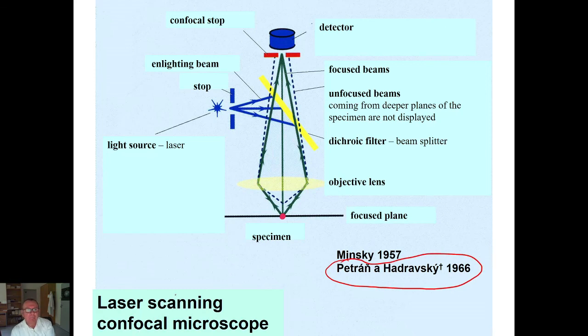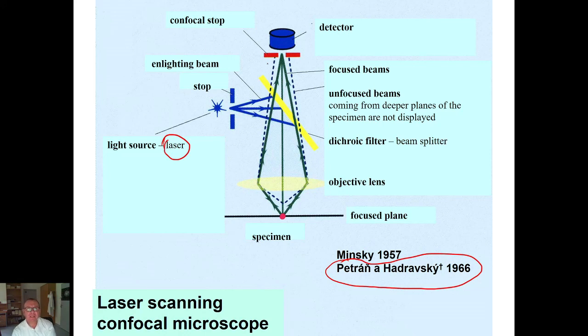The laser scanning microscope is a better epifluorescent microscope, which uses a laser as a light source. It is one improvement: not white light, but monocolor light from a laser source is used here.